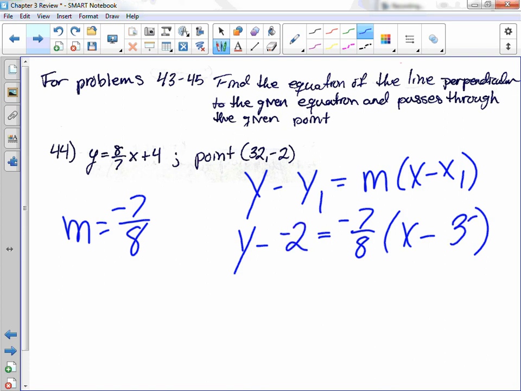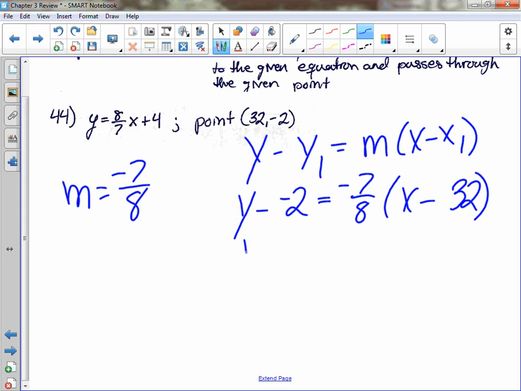Then we plug in our point: 32 comma negative 2. Negative 2 would be our y, and 32 would be our x. Well, a negative and negative will give us a positive. We need to distribute. Well, we'll get negative 7/8 x. Negative and a negative would give us a positive.